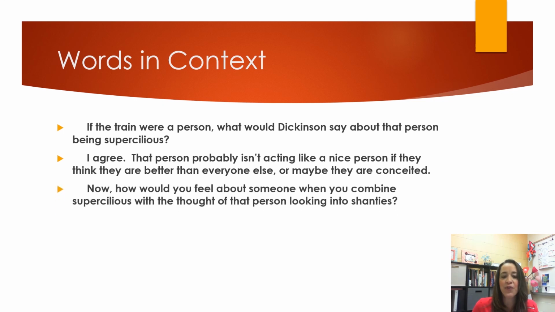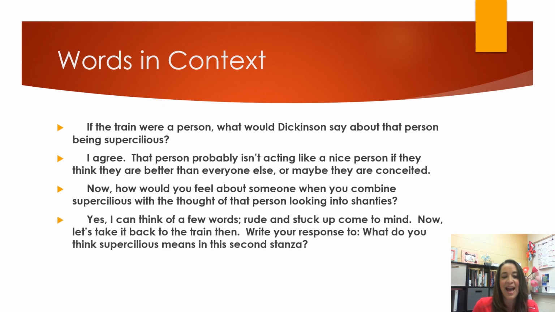Now, how would you feel about someone when you combine supercilious with the thought of that person looking into shanties? Yes, I can think of a few words. Rude and stuck up come to mind. Now, let's take it back to the train then. Write your response to what do you think supercilious means in the second stanza?